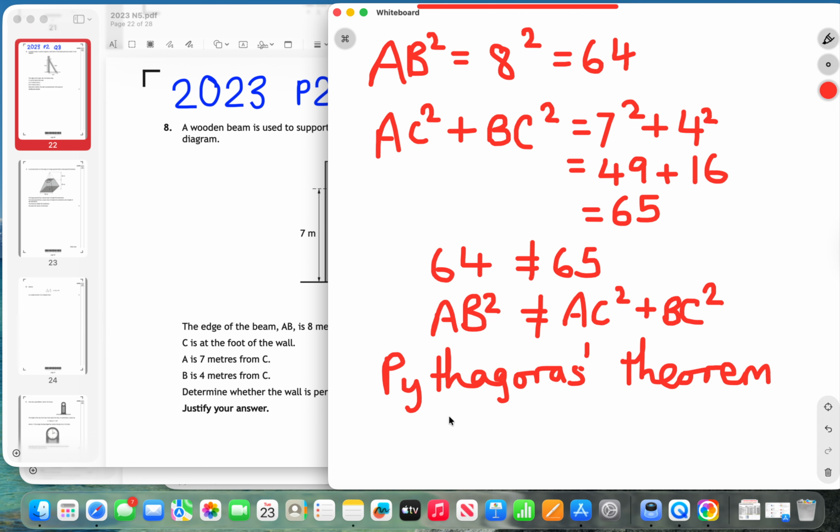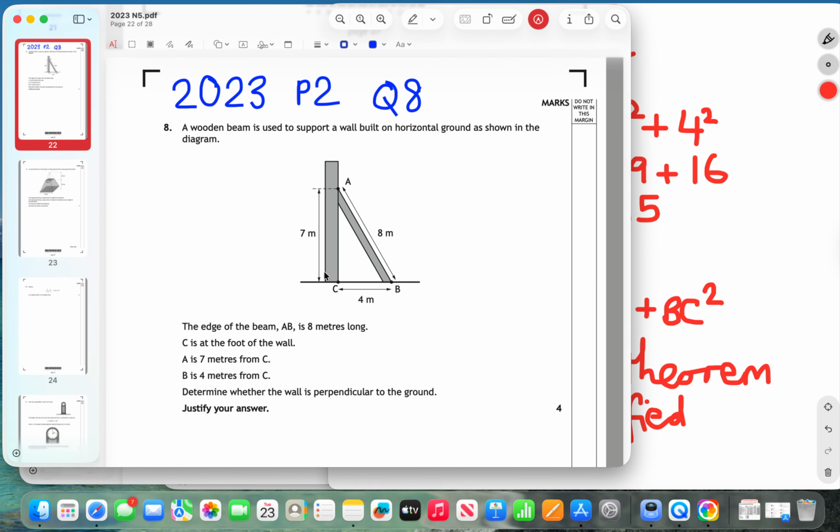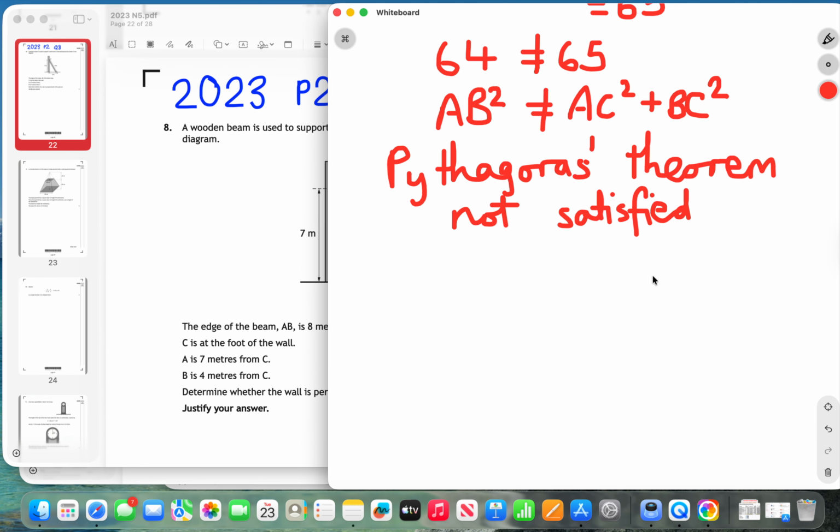So Pythagoras' theorem is not satisfied. Then we say that the angle ACB, because C is in the middle, is not equal to 90 degrees.